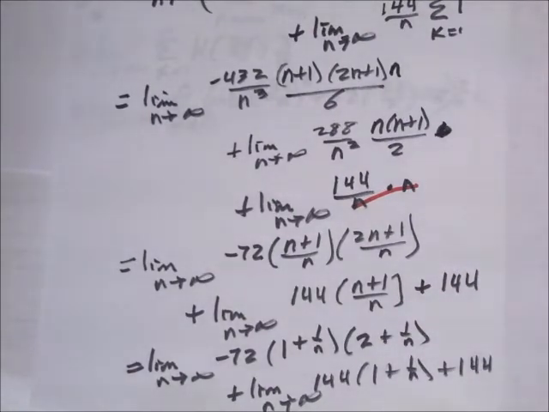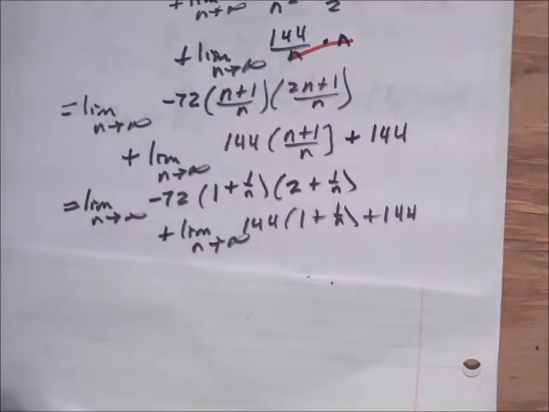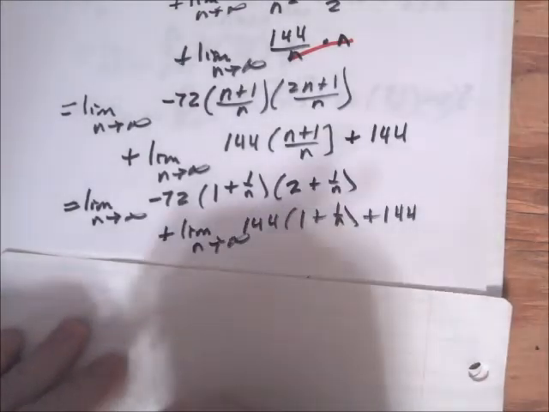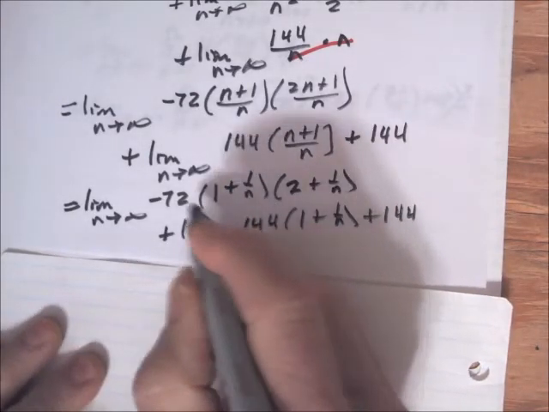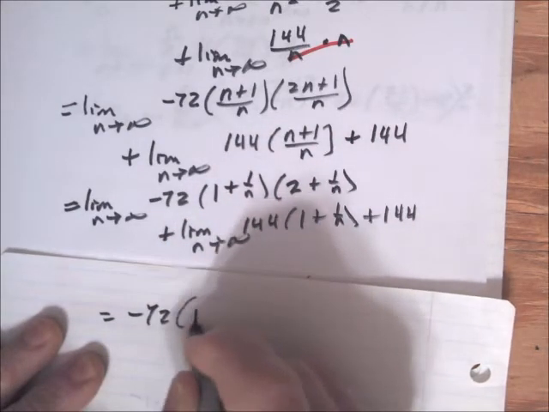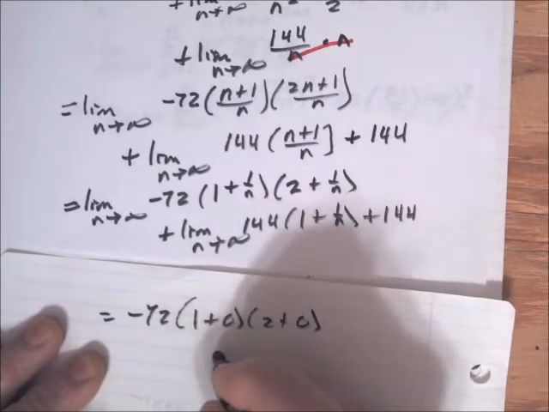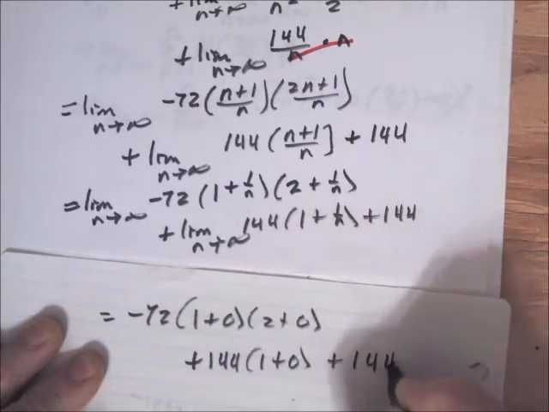Okay, so now we take the limit. We get minus 72 times 1 plus 0 times 2 plus 0, plus 144 times 1 plus 0, plus 144.